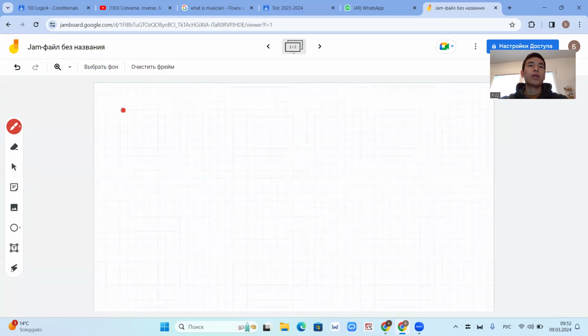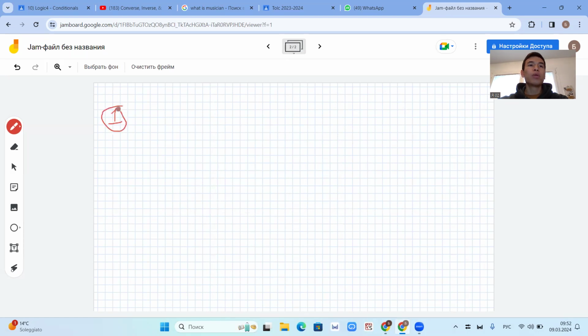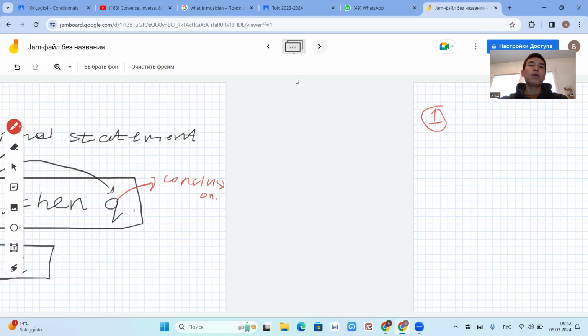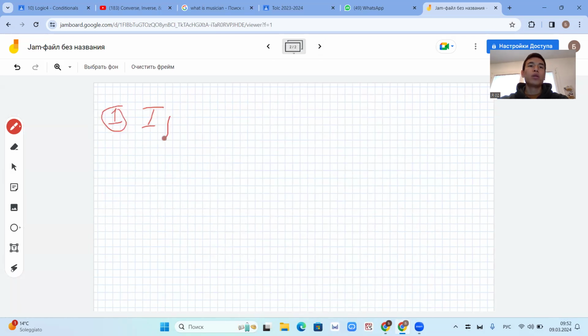Okay, let me write. The first form is the conditional statement itself: if P, then Q. The second form is called converse. What does it mean, converse?